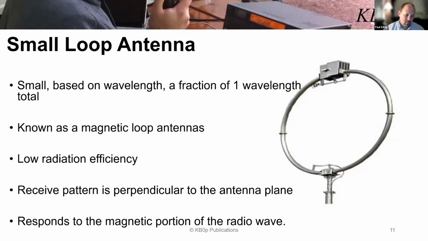What's interesting is the receive pattern is perpendicular to the antenna plane. And we'll show this in the next slide, which is different than the large loop. And just like I mentioned already, the small loop antenna responds to the magnetic portion of the radio wave.